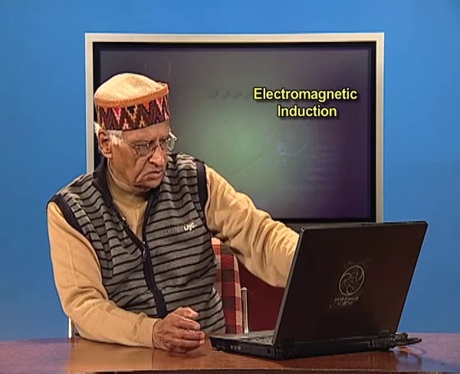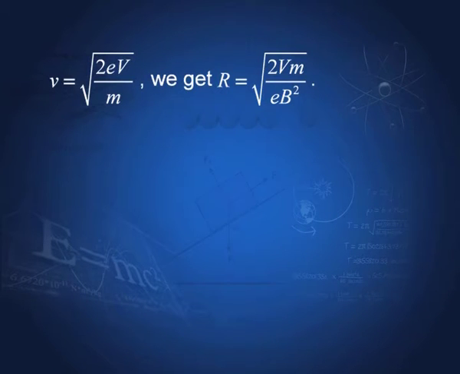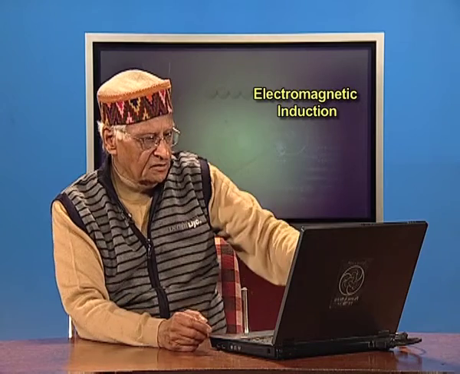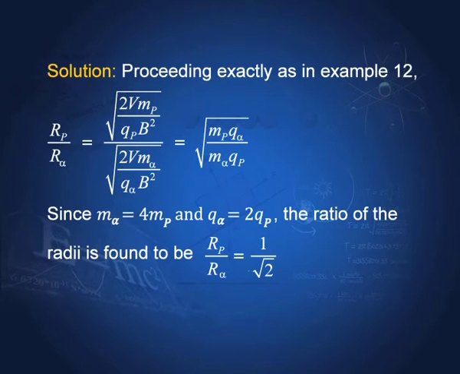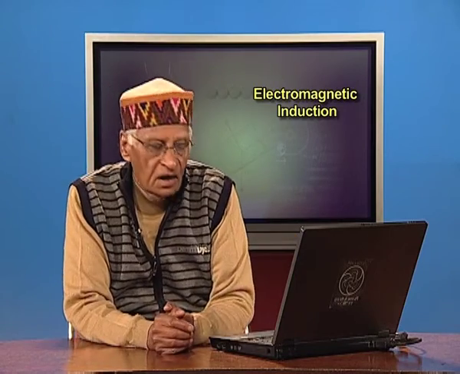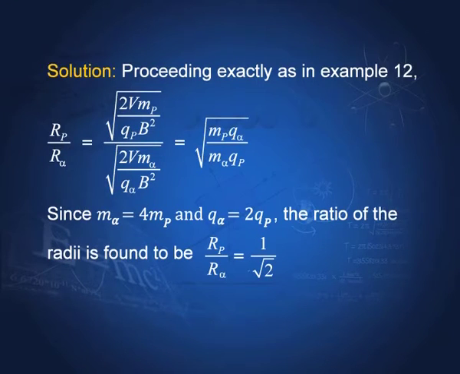You see, we have found this. The radius is 2Vm by eB squared. So, it will be 2V m_p by q_p B squared for Rp, and Rp by R alpha is that divided by 2V m_alpha by q_alpha B squared, and everything gets cancelled. You get m_p times q_alpha by m_alpha times q_p. m_p by m_alpha is 1 by 4.